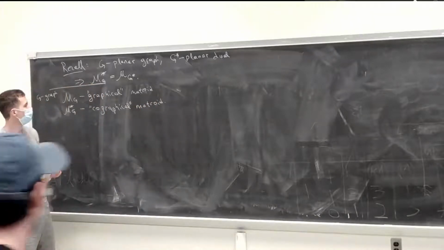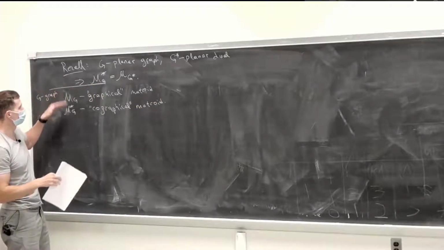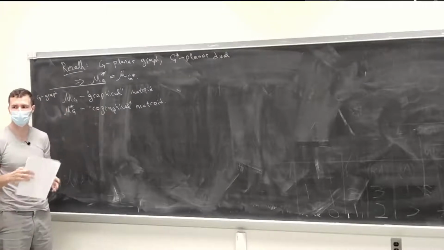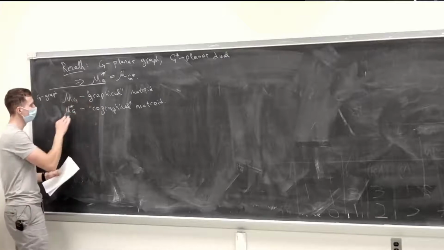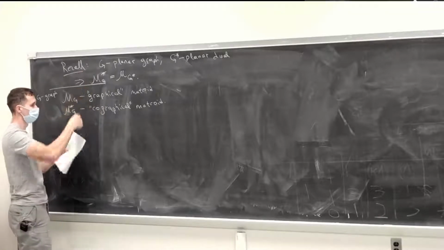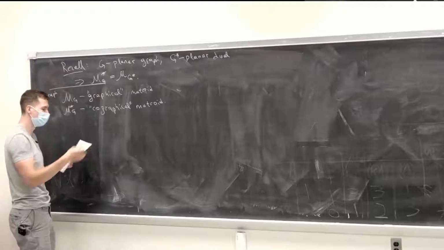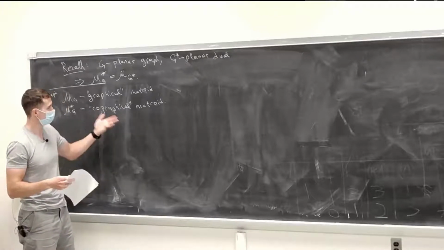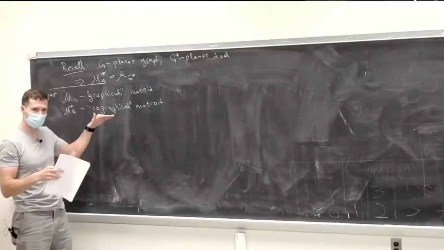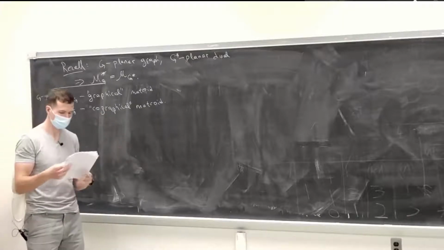So in the sense, the dual of an arbitrary graph is a co-graphical matroid. That's basically the terminology here, and this is not always graphical. If your graph is non-planar, then this is some other object which is sort of as nice as the class of graphs. The co-graphical matroids are sort of just dual to graphs.